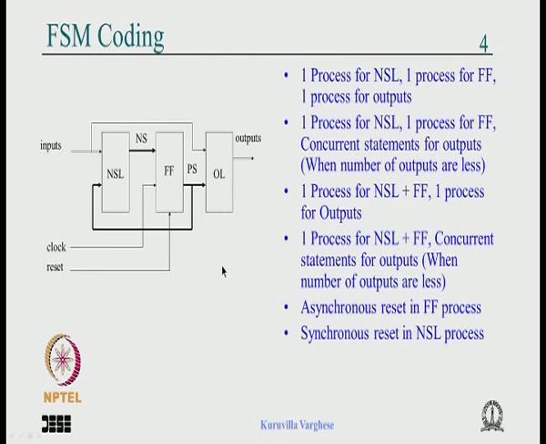But suppose there are 7 states, you may end up writing a case with 7 when clauses wherein only 2 outputs are specified. That is not very concise coding, though hardware wise it makes no difference, but it is a long code. That's why I said you can write concurrent statements.